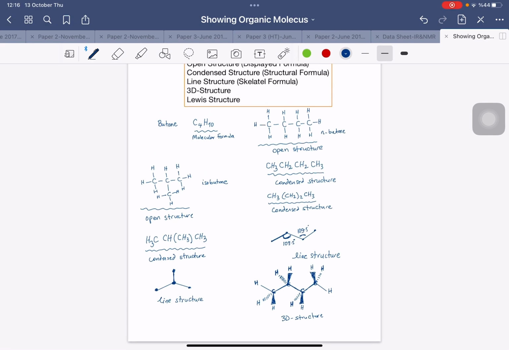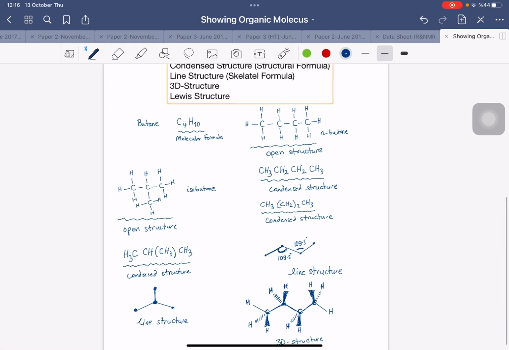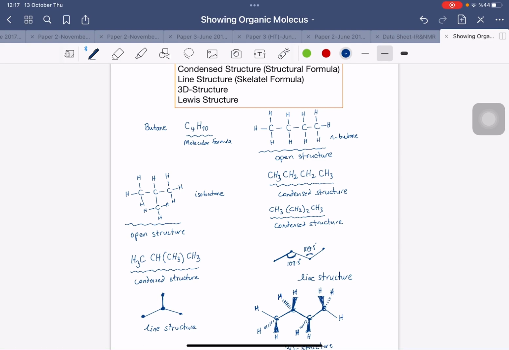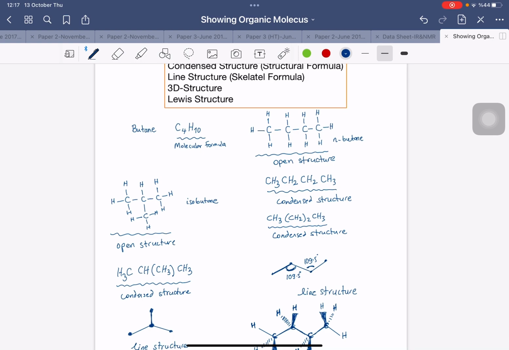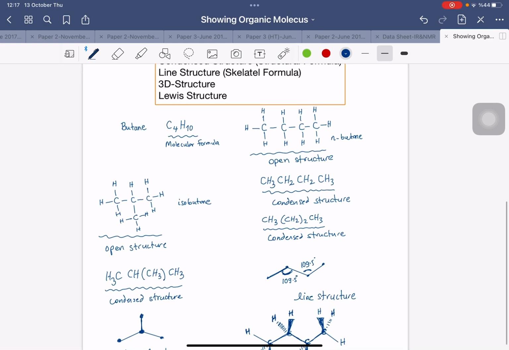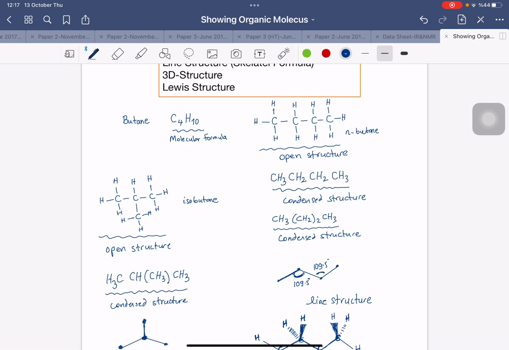Lewis structure in this case is equal to the open structure of N-butane or isobutane, because all of the valence shell electrons of carbon bonded to hydrogen atoms or carbon atoms are shared between these two.